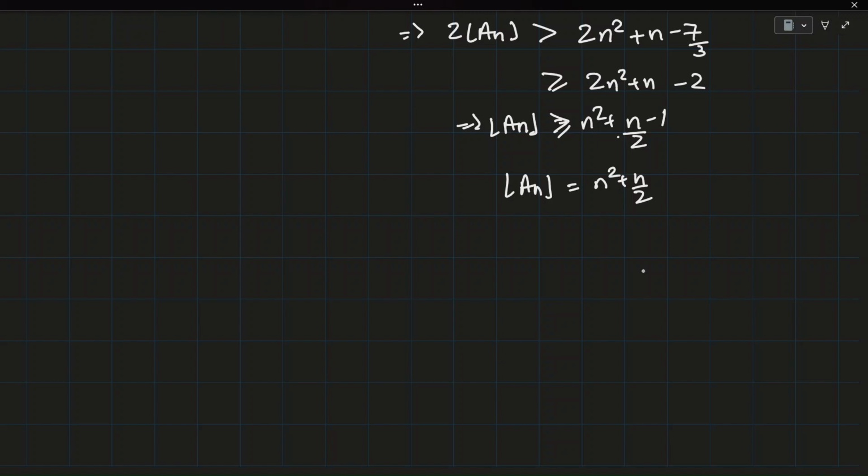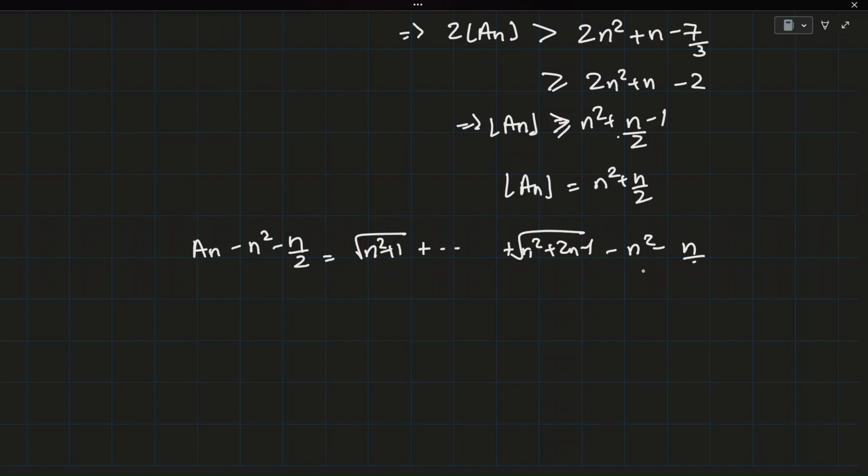Let's consider the number an minus n square minus n by 2. This becomes square root of n square plus 1 plus n square plus 2n minus 1, minus n square minus n by 2.